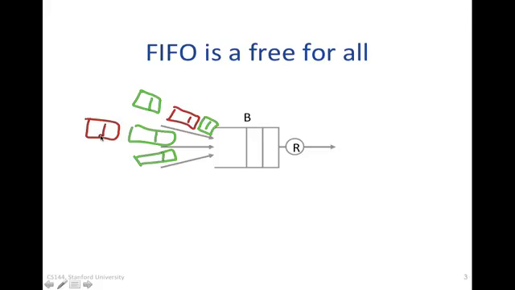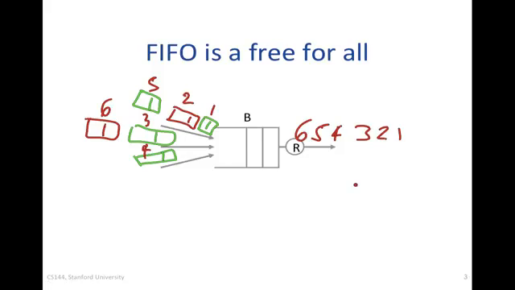So if these ones were more important, what the FIFO queue will do is simply send them out in the order in which they came in. So if we were to number the order in which they arrived, say this was number 1, this was number 2, this was the 3rd one to arrive, this one was the 4th one, this the 5th one, and the 6th one. They're obviously just going to go out in that order of 1, 2, 3, 4, 5, 6 on the outgoing line. So not very good for the urgent control traffic, or perhaps it's some important video traffic.